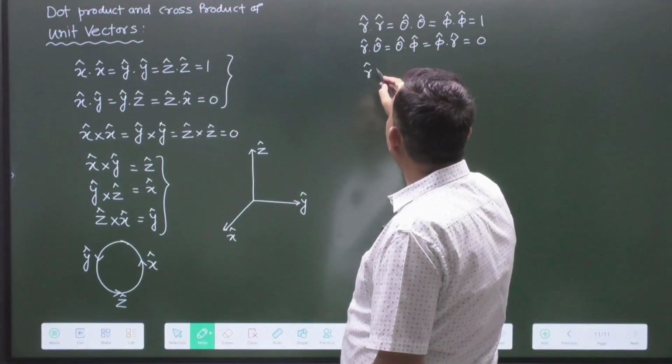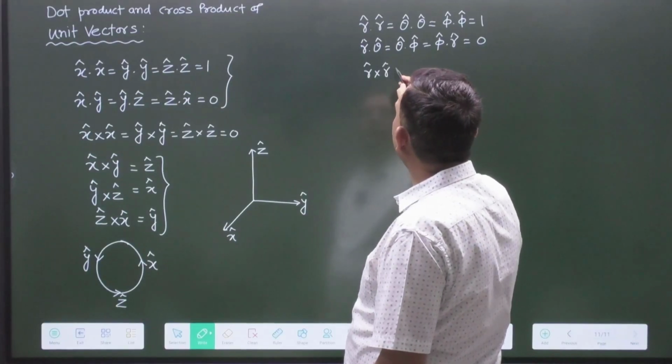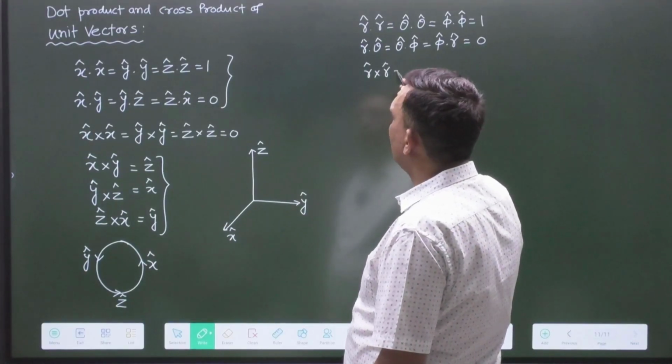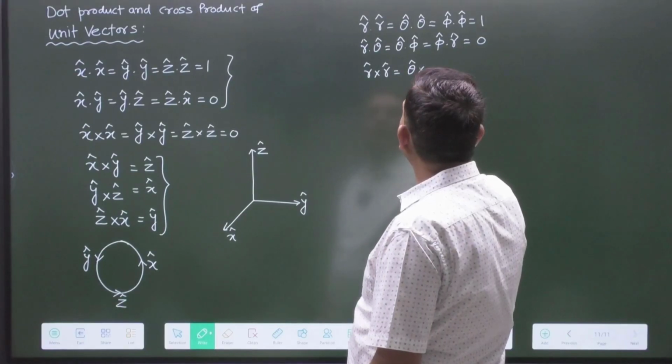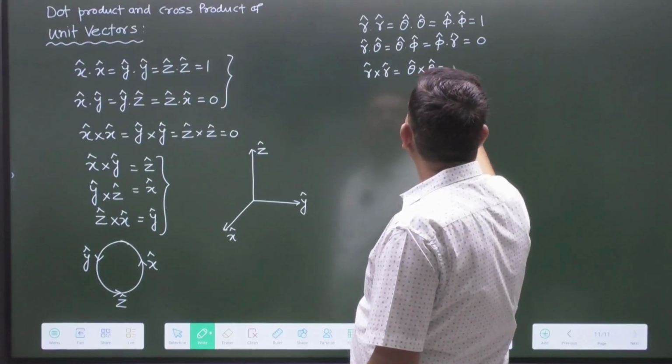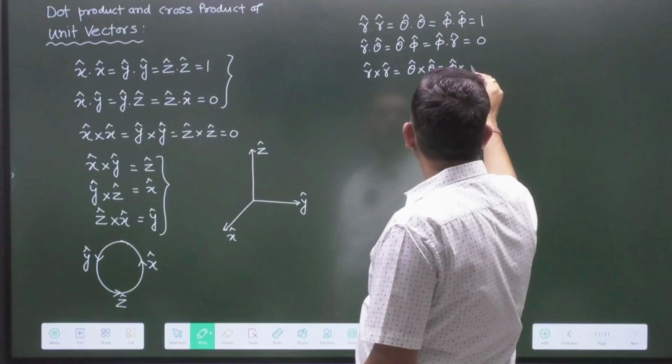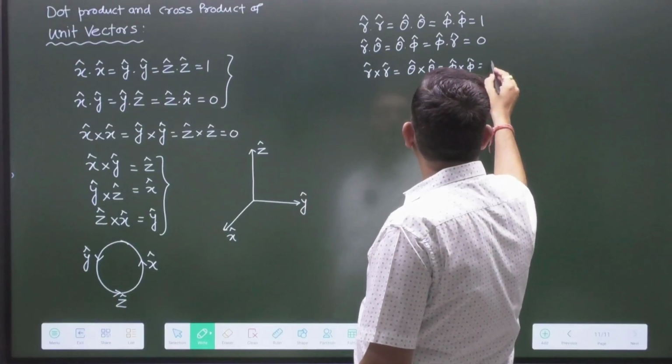Then r cap cross r cap is equal to theta cap cross theta cap, and phi cap cross phi cap is 0.